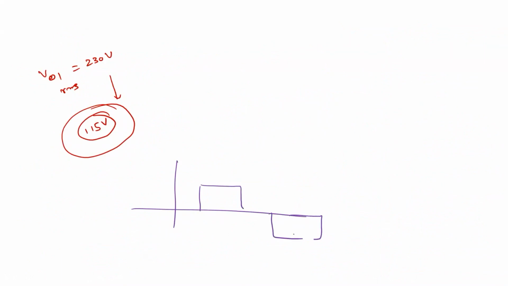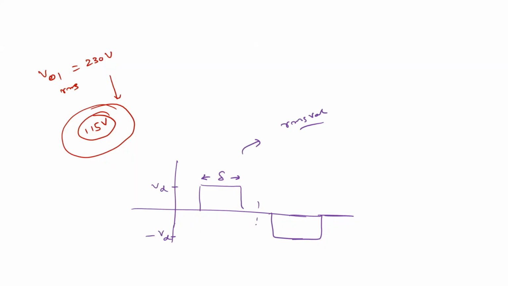You're changing the width of it. So what is its RMS value? This is VD and this is minus VD. So what is the RMS value of this waveform?